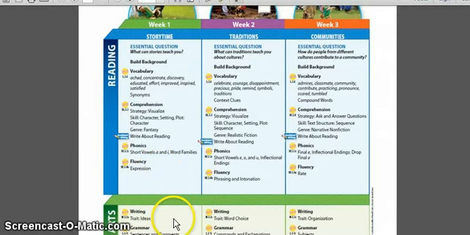When I look at that, what that says to me is that this program advocates the idea that reading is something that can be broken into a series of skills and sub-skills, right?